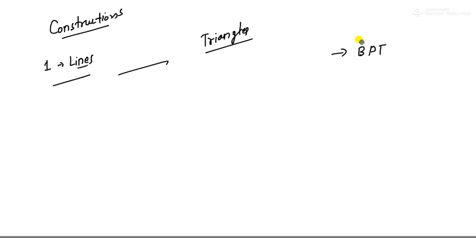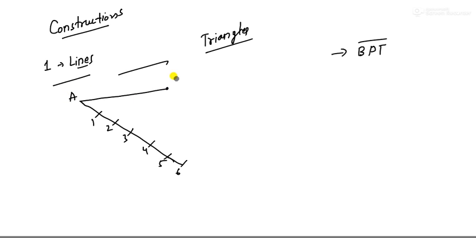Remember this. See how, if they give a line like this, and if they draw a line like this and cut it into this many parts, this is 1 2 3 4 5 6, and the length AB, for example, they have given as 6 centimeter, and if they ask if we are dividing this in the ratio 3 is to 3, or else here if I'm taking a point here, then it will become 2 is to 4.